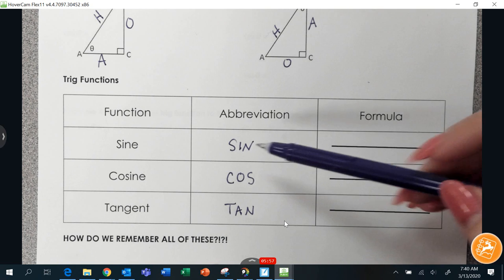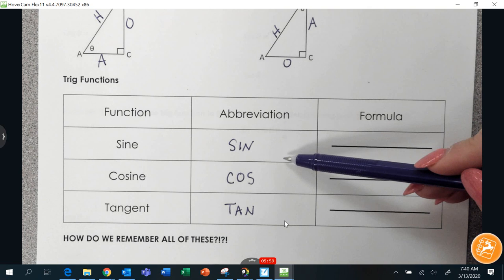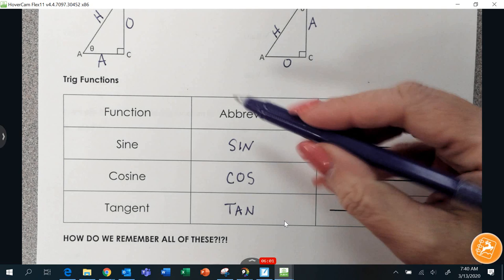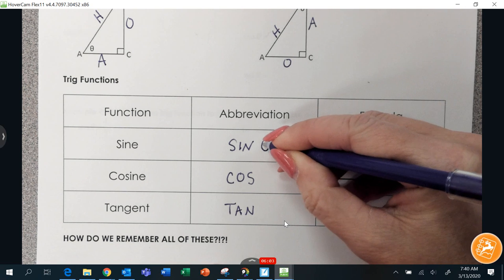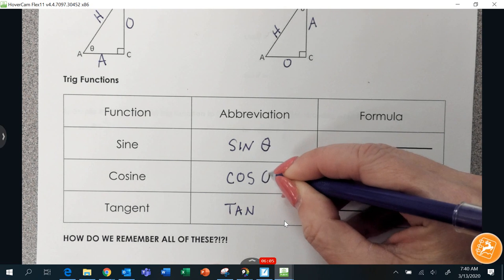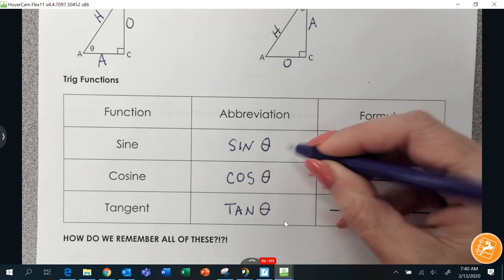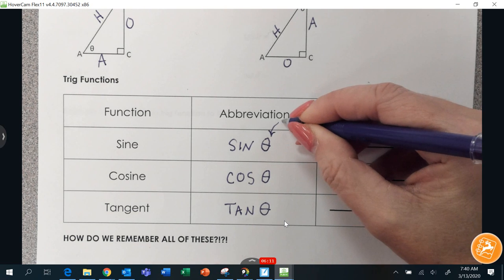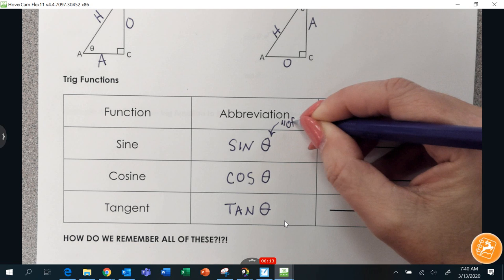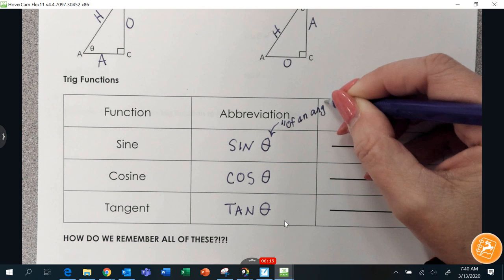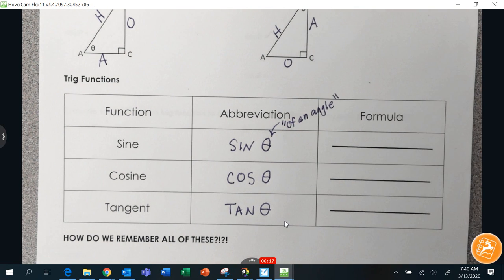You always have sine of an angle. We always have sine of theta, cosine of theta, and tangent of theta. So this right here is of an angle.